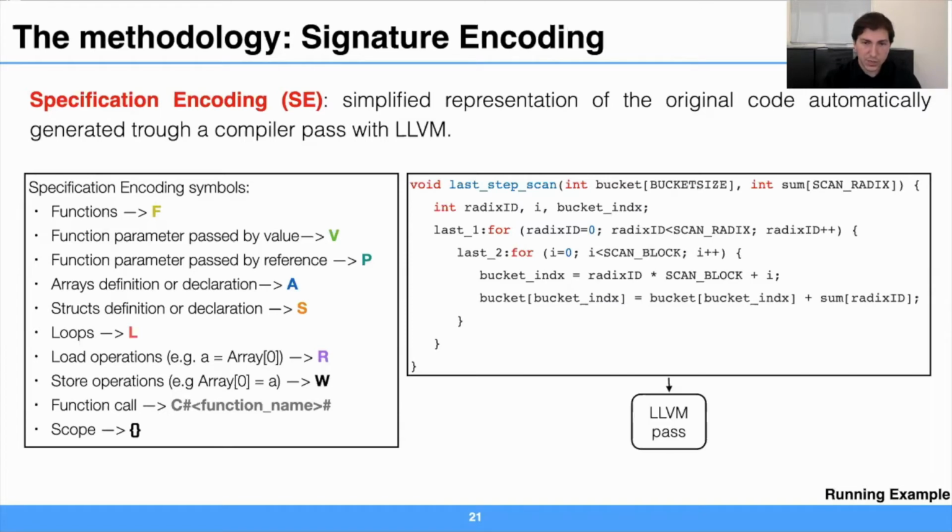This code is given as input to a compiler pass, an LLVM pass that we have generated, that creates the corresponding specification encoding representation, which is a really short signature for our application. Let's keep this example in mind because we will use it over all the other phases of our methodology.